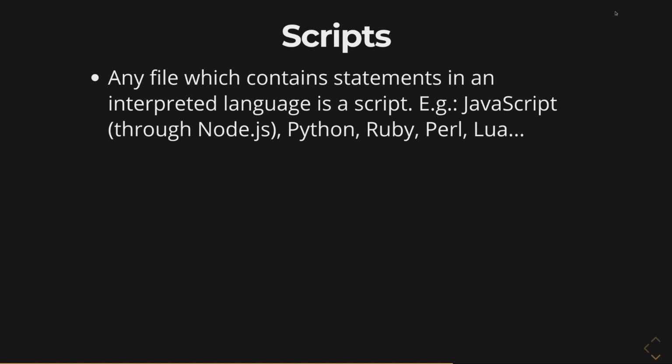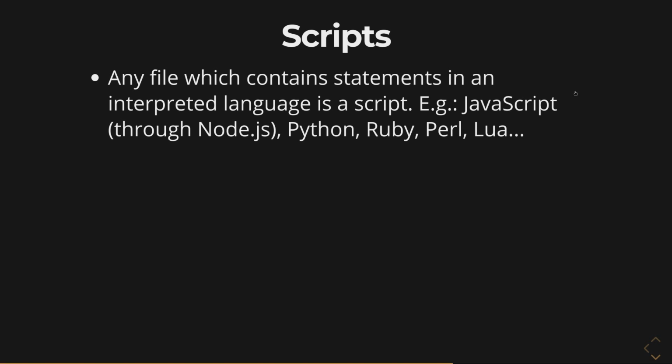So C is a language which would usually be compiled down before you interpret the commands, and therefore you wouldn't really call a C file a script. But JavaScript can be just run directly through Node.js. A Python file can be run directly through the Python interpreter.